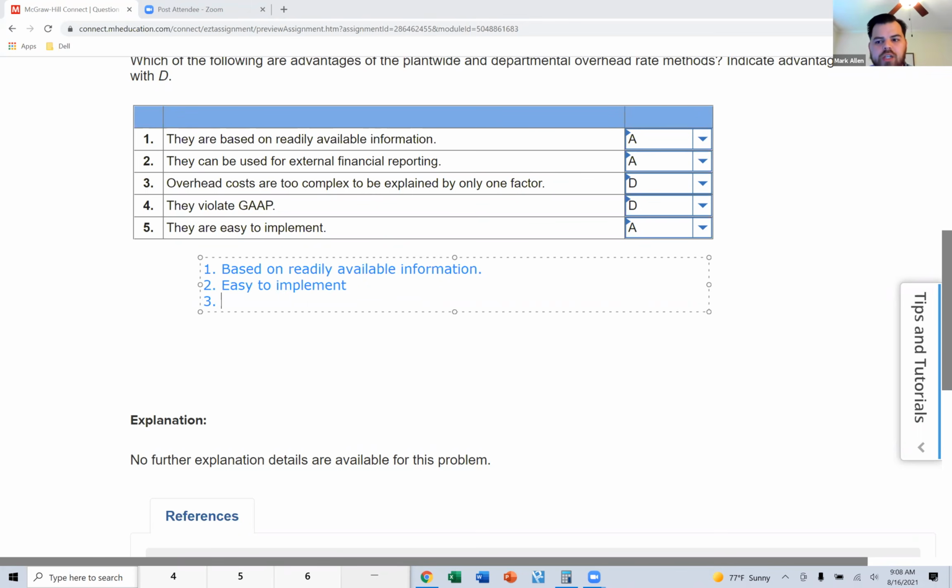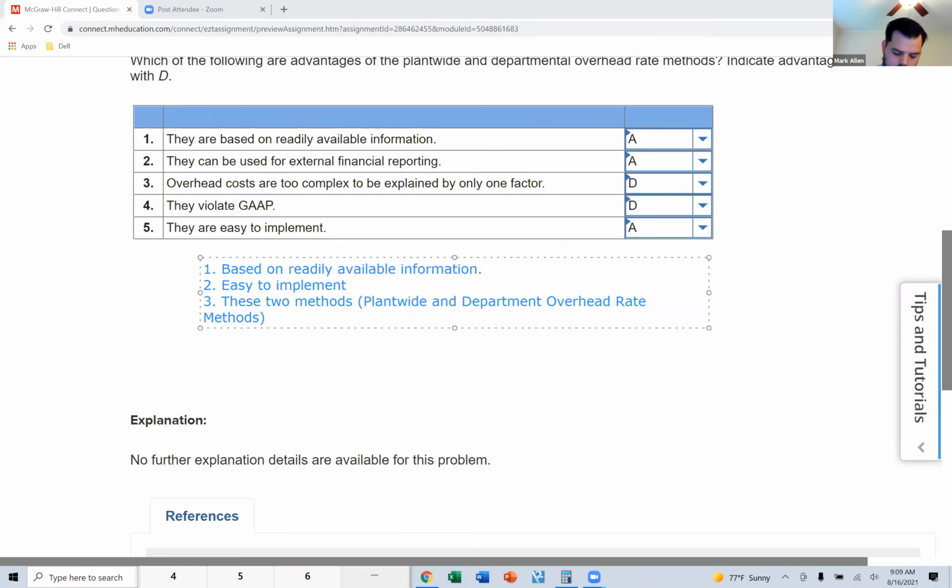The third advantage is one that I'm not going to be super heavy on in this course. It's certainly something you want to be aware of, but in managerial accounting, we move away from this idea of GAAP pretty far as compared to the first accounting course where everything we did was pursuant to US GAAP. But this is certainly a major advantage for these 2 methods, meaning the plant-wide and departmental overhead rate.